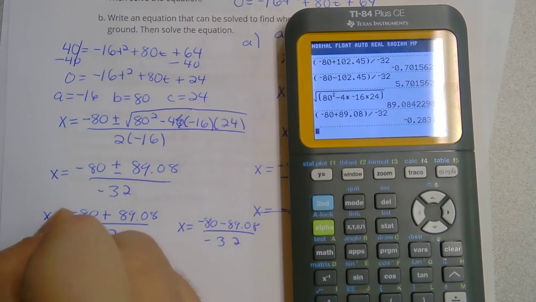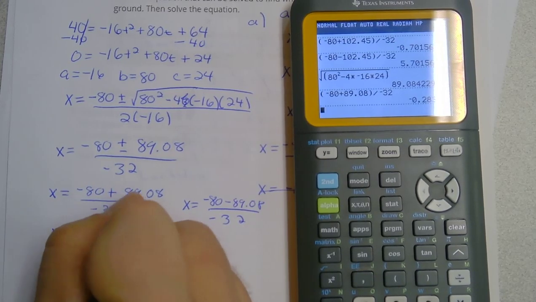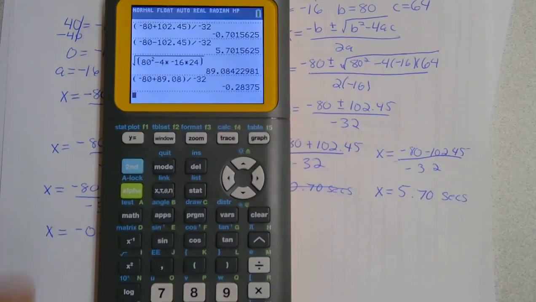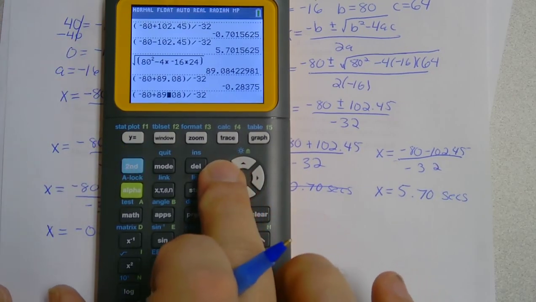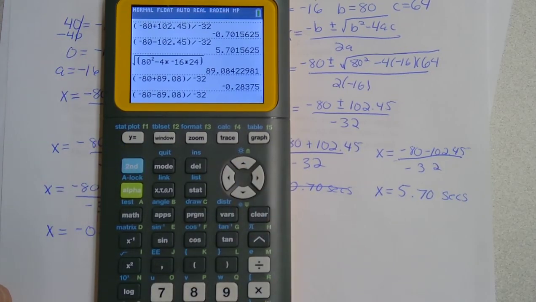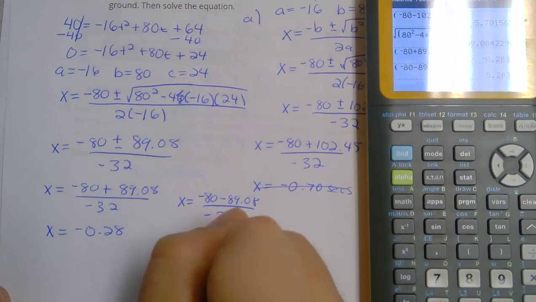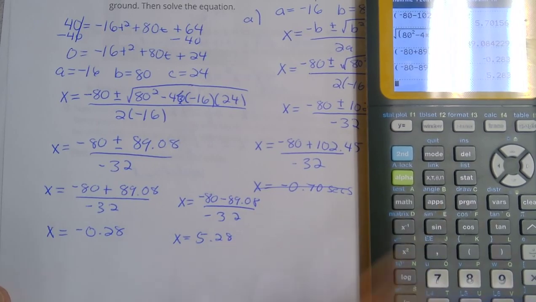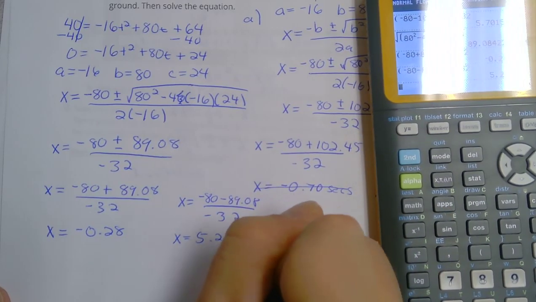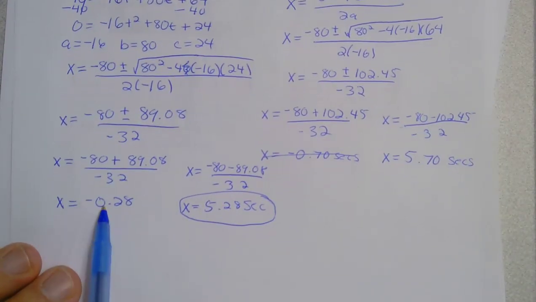And we get x is equal to negative 0.28. Then I'm going to use my calculator again and hit second entry, substitute in a minus, and I get 5.28 seconds. So this is a number that makes sense because you can't go back in time again.